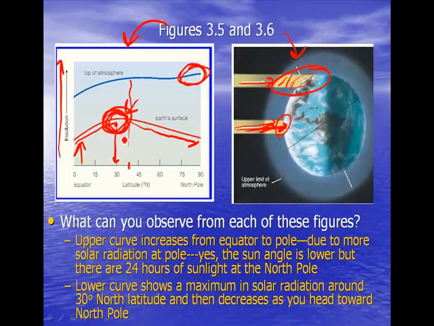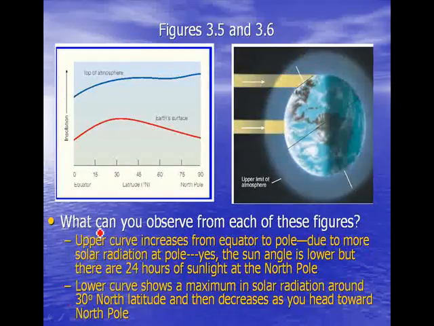But if you'll notice down here, let me go ahead and erase some of this. This is getting to be a bit messy. Now, again, if you recall here, notice the amount of incoming solar radiation that we receive. And Iowa's about right here.